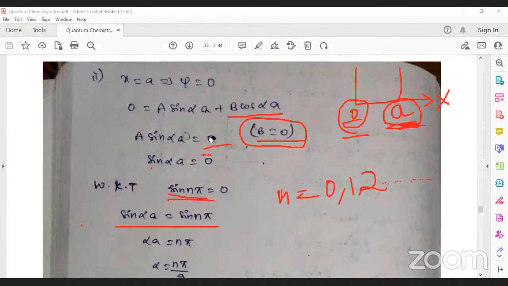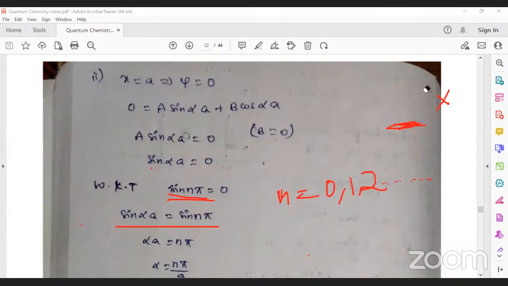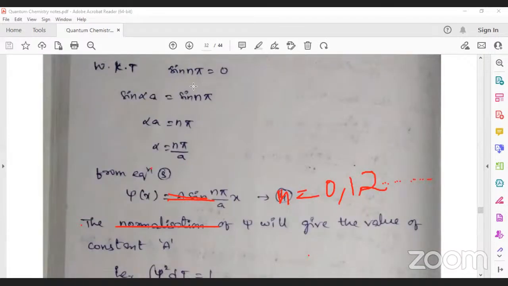By utilizing anti-sine on both sides, we will get alpha a is equals to n pi.